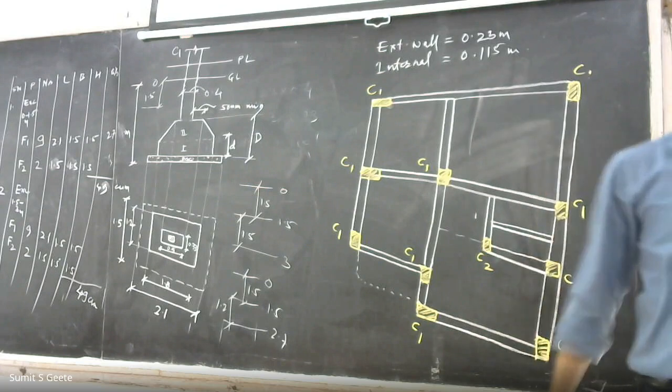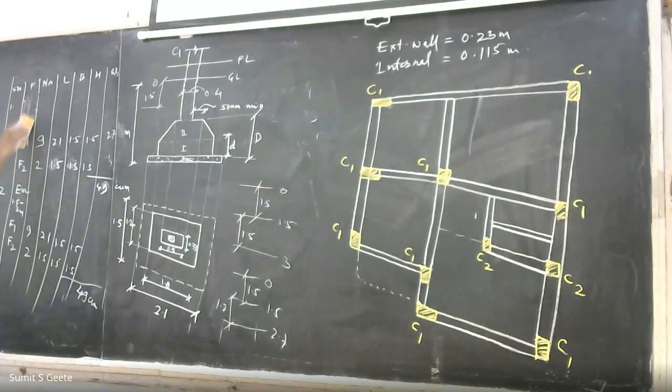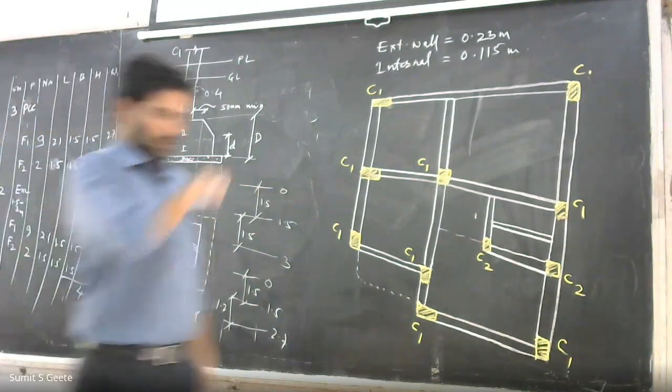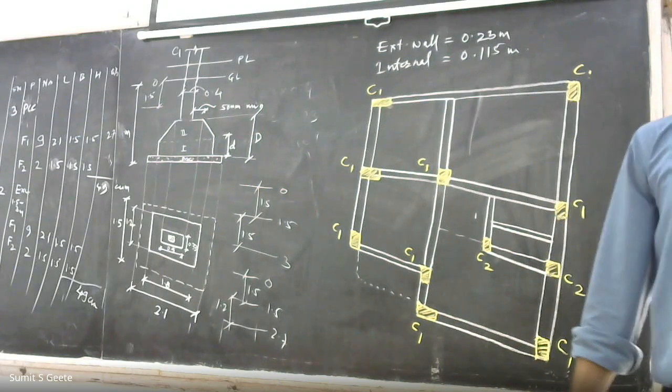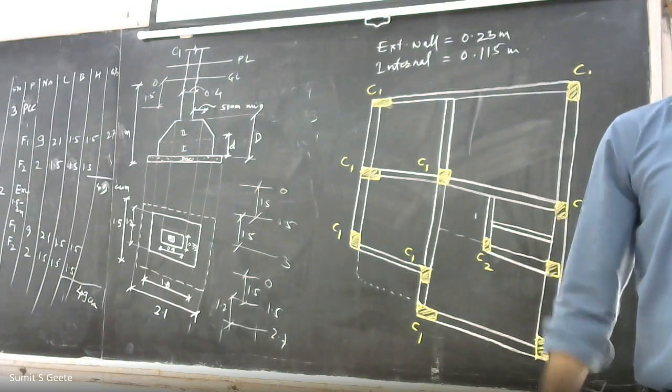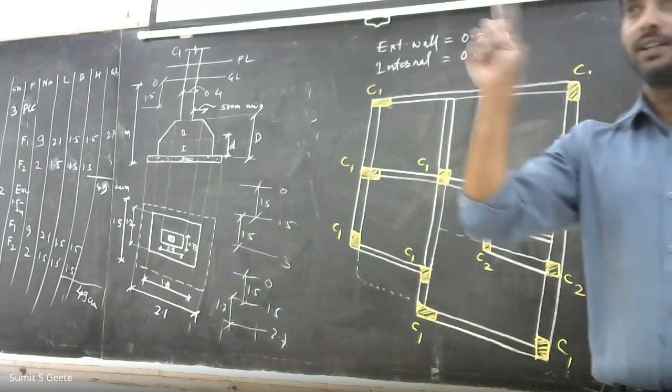PCC. So write down third. Third element is PCC. Now remember, जितना हम एक्सकेवेट करेंगे उतना PCC करेंगे. So plan dimension of excavation is equal to plan dimension of PCC, right?